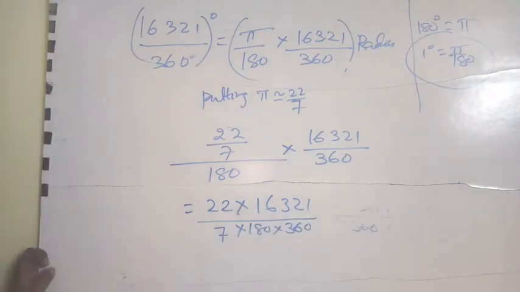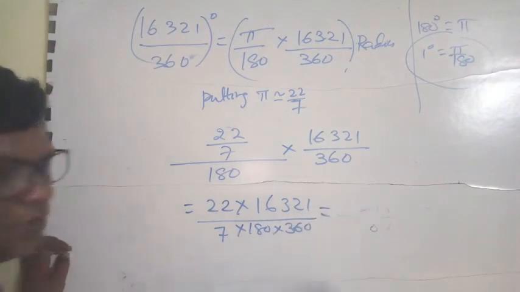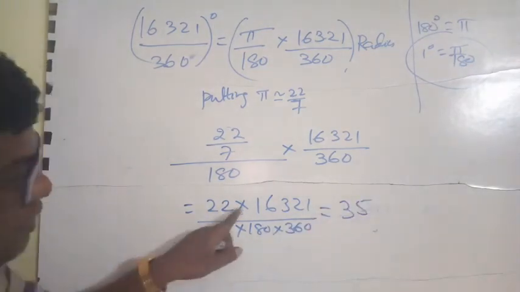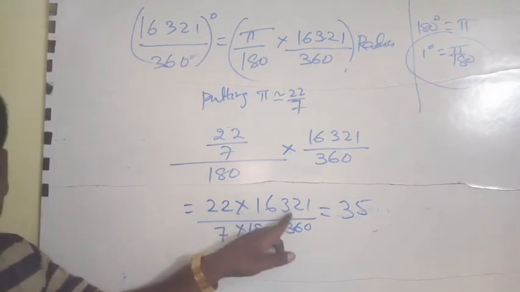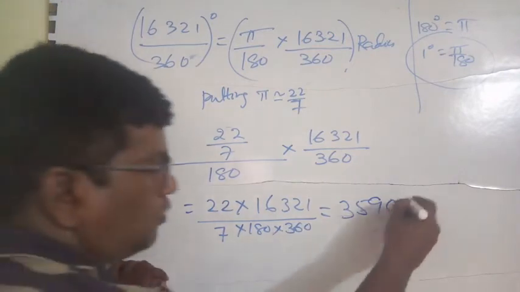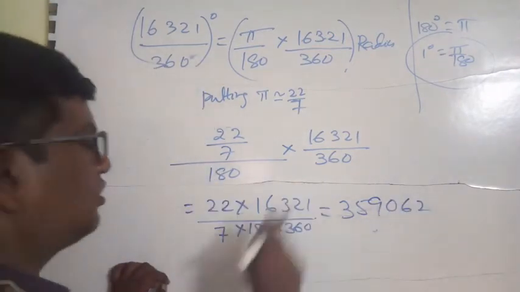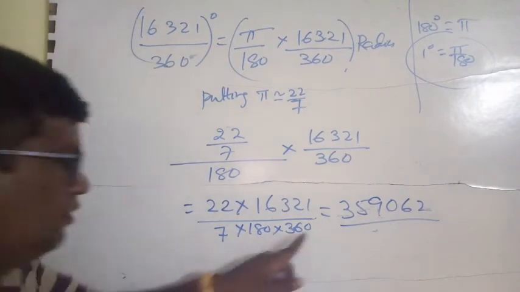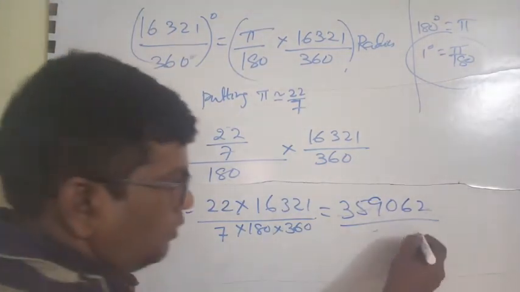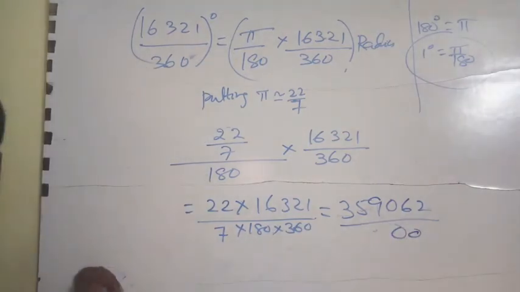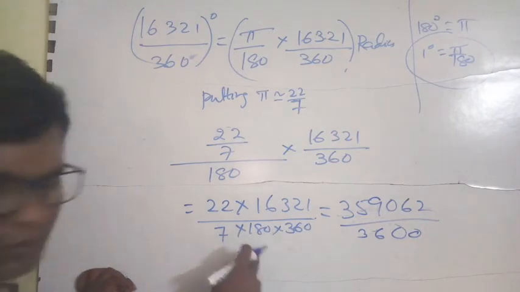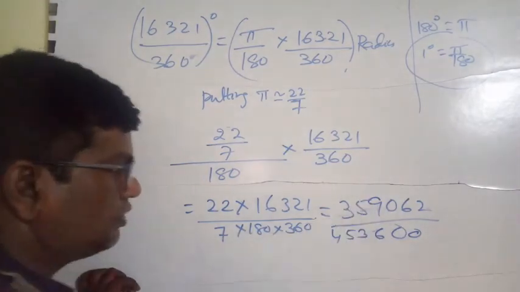That is equal to 359062 whole divided by 6354.